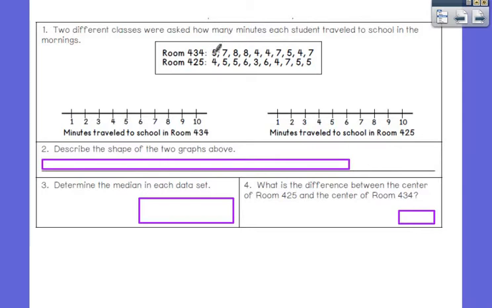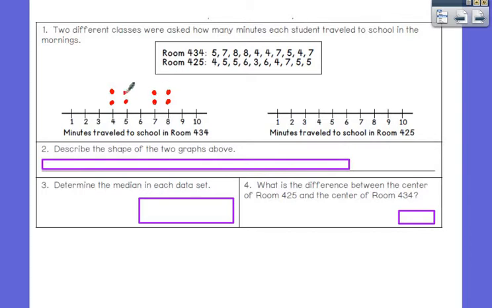So all I do is put a dot for each value. I see a number 5, I'm going to put a dot on 5. I see a 7, a dot. I see 2 8s, so I do a dot and then another dot. 2 4s, a dot, then another dot. A 7, so I add to this 7.